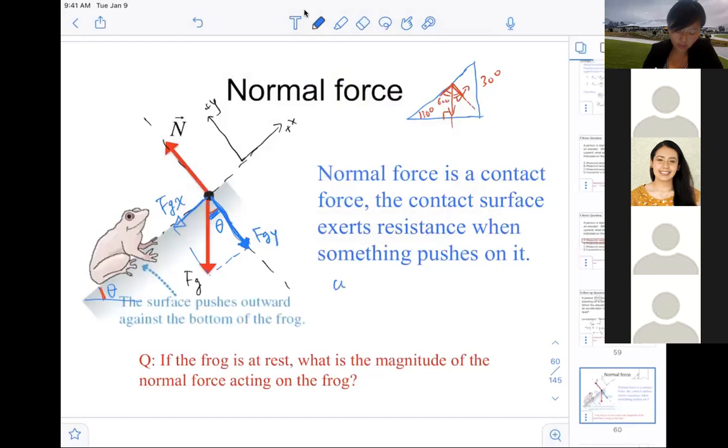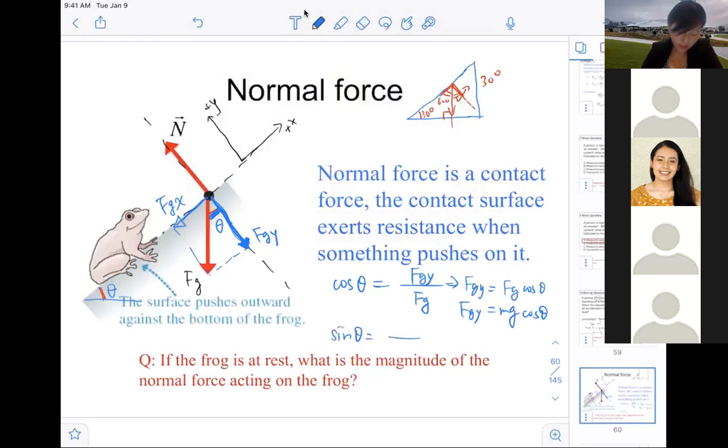Okay, so cosine theta is F of gy, the adjacent, over the hypotenuse. So F of gy is F of g cosine theta. F of g is just mg, so F of gy is mg cosine theta. So this is your Y component. What about your X component?